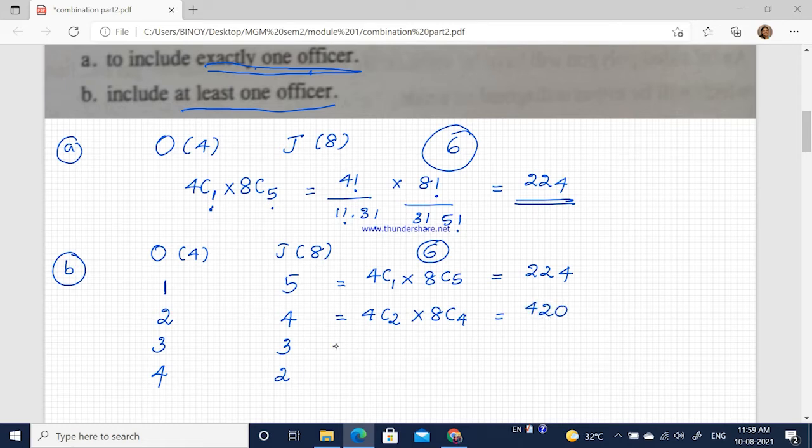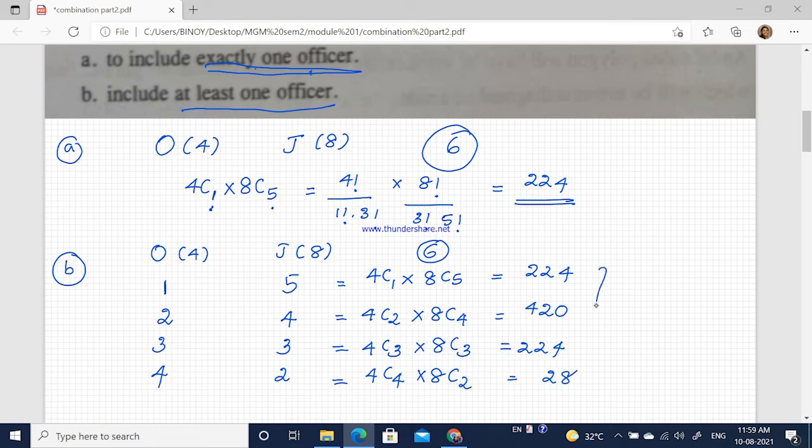420. Then out of 4 officers, we are selecting 3, and out of 8 Jawans, I am selecting 3. So we'll get 224. And the last, out of 4 officers, I am selecting all the 4 officers and 2 Jawans. So it will get your total 28.